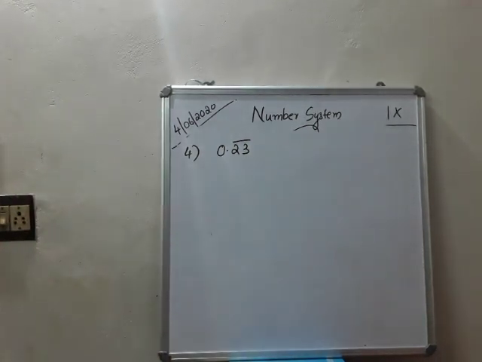What is that? First step. Let x is equal to 0.23 bar. That is 0.2323 etc. So how many numbers are repeating? 2 numbers, 2 digits. So what you have to multiply by?